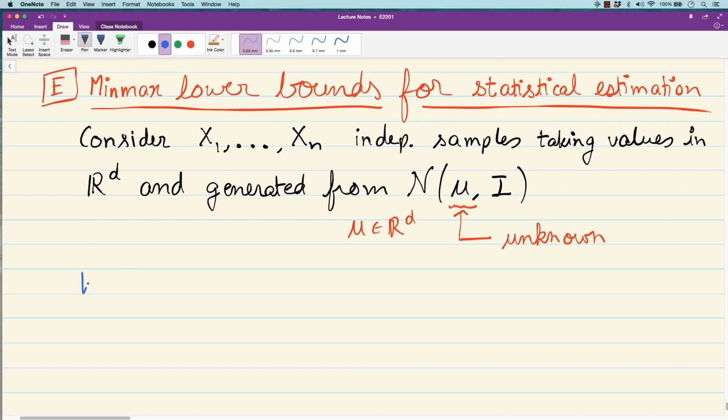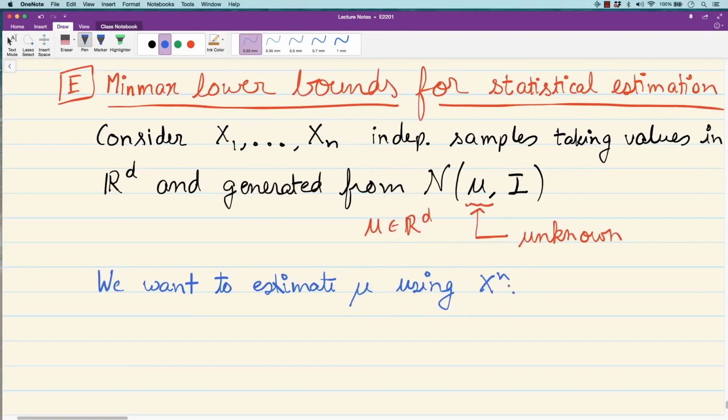We want to estimate mu using these samples. So you can think of an estimator mu hat.